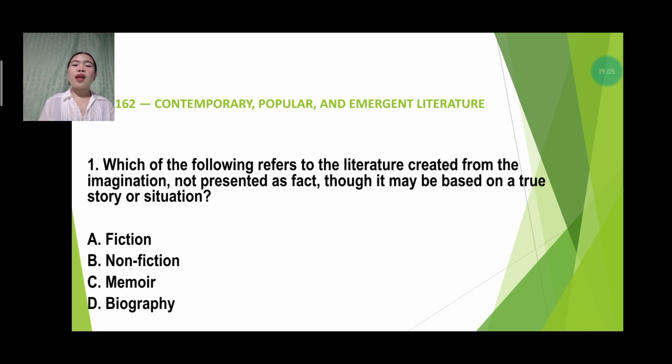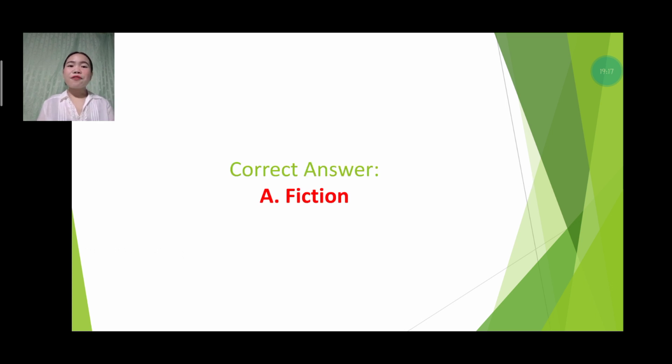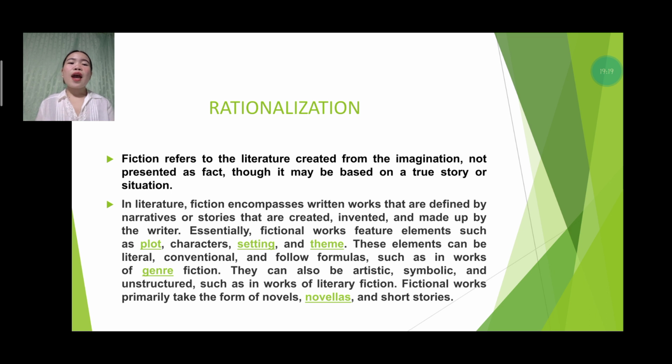The options are letter A, fiction, letter B, non-fiction, letter C, memoir, letter D, biography. So the correct answer for this item is letter A, fiction. For our rationalization, fiction refers to the literature created from the imagination, not presented as fact, though it may be based on a true story or situation.